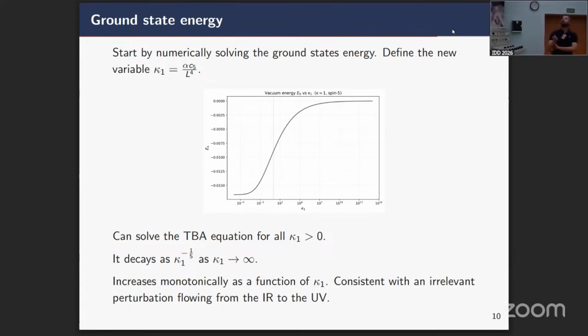And then I find that as I increase kappa 1, I can numerically solve it, and I have a monotonically increasing function of my ground state energy.